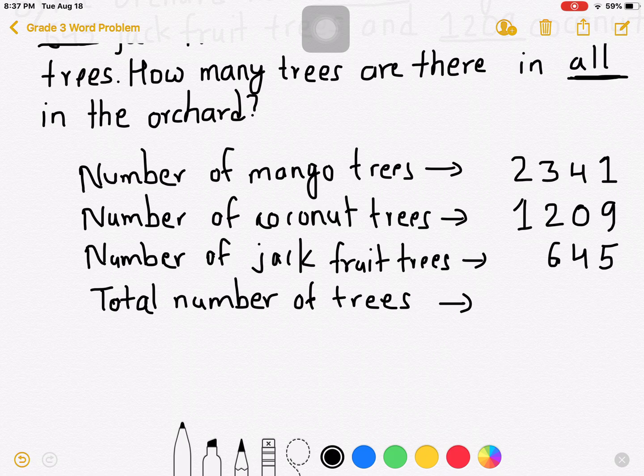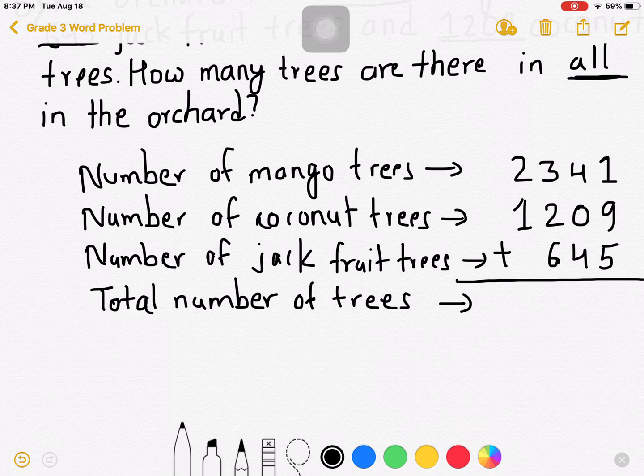I know all of you are guessing, isn't it? All of you are guessing that we have to add to find out the whole number of trees. Very good. Now for this we have to do addition. Now let us add.